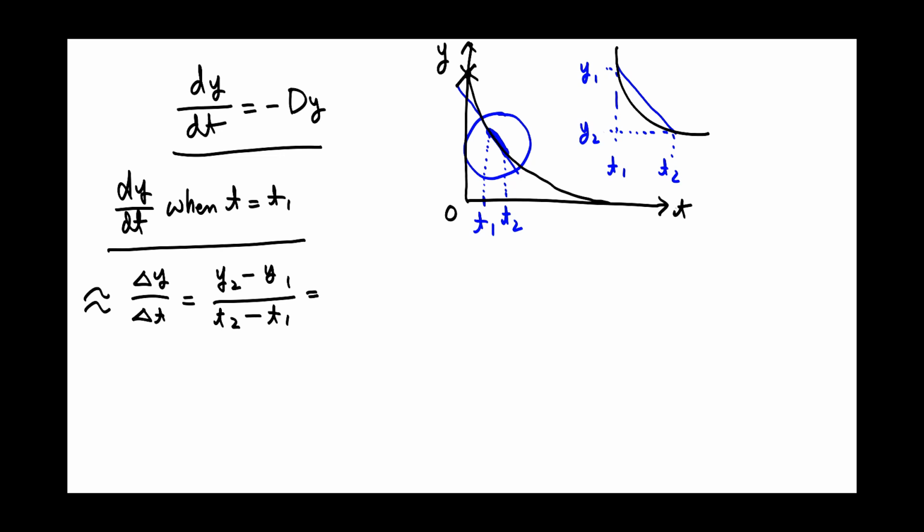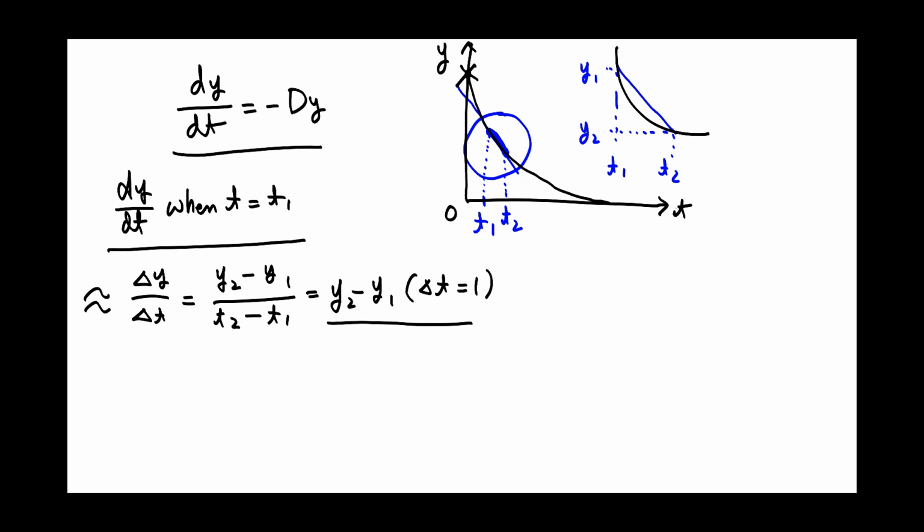We just say the time interval is 1. Then this will be the same as y2 minus y1, and again, delta t is 1. So it's 1 minute, 1 hour, whatever it is. We are assuming that it is just 1.